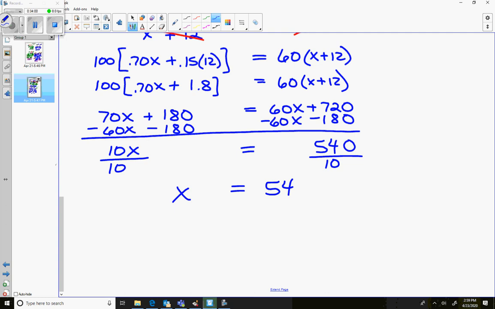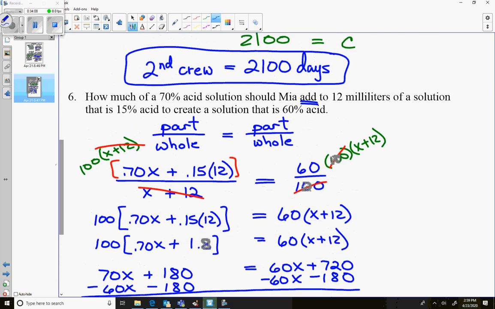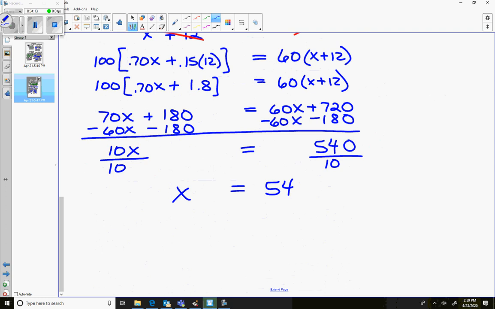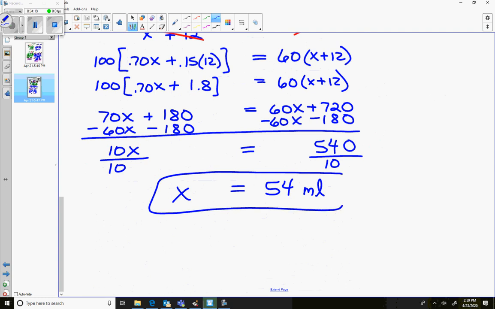And we found that we would want 54 what? Milliliters. Of that 70% acid solution is what we need. All righty.